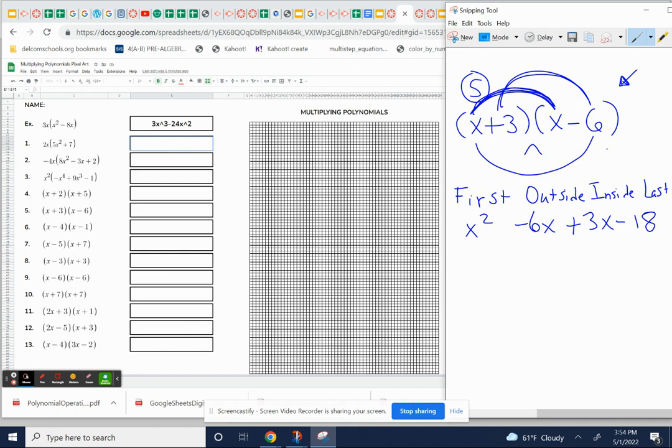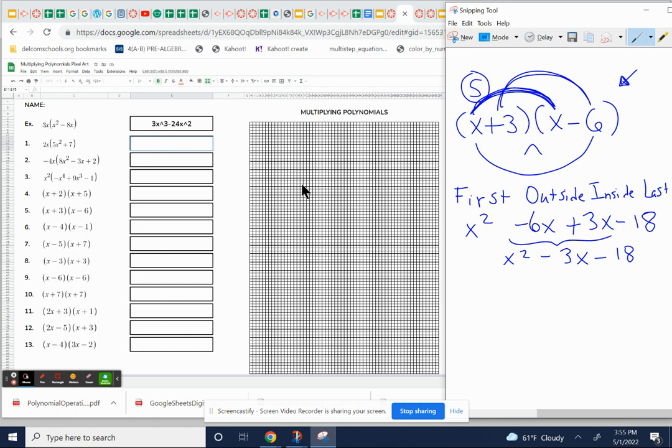But I'm almost done, because after I do first, outside, inside, last, I can always combine my like terms. There are two like terms in the middle. I have a negative 6x added to a positive 3x, so that's negative 3x. So bring down the x squared and the minus 18.